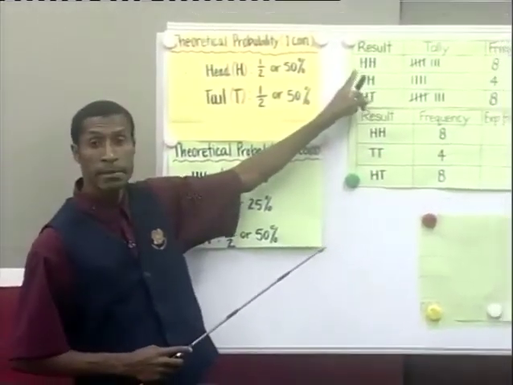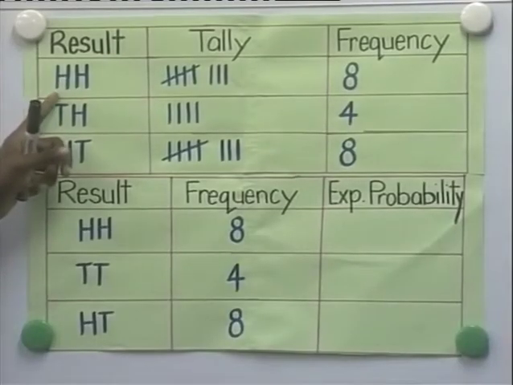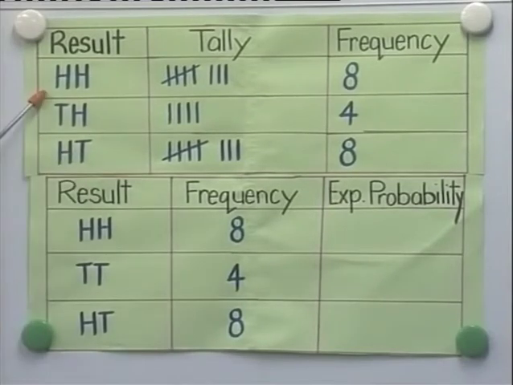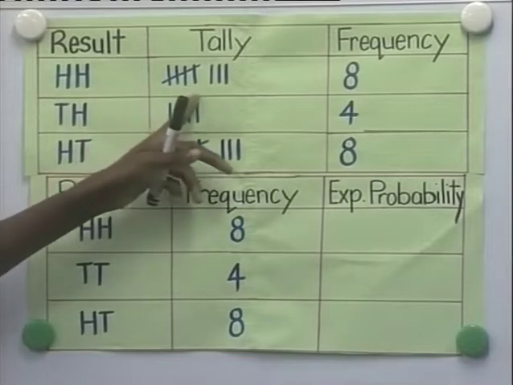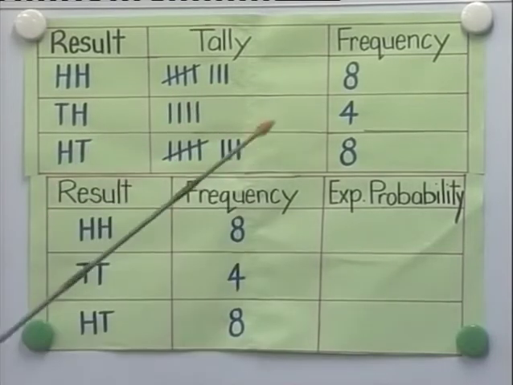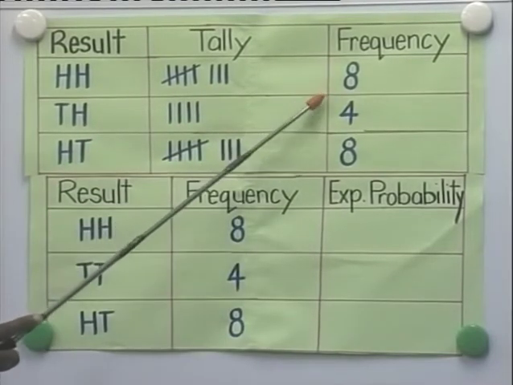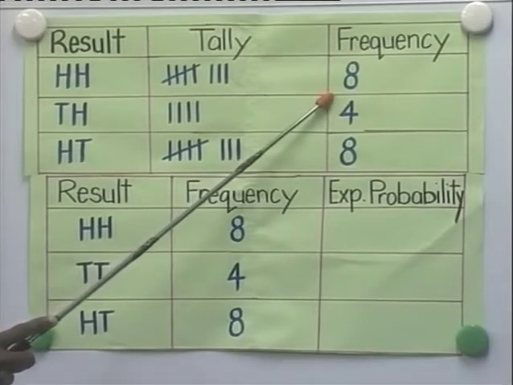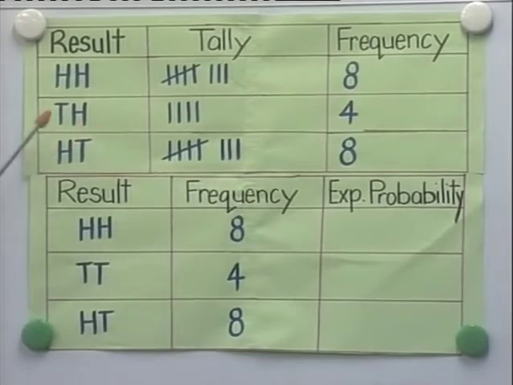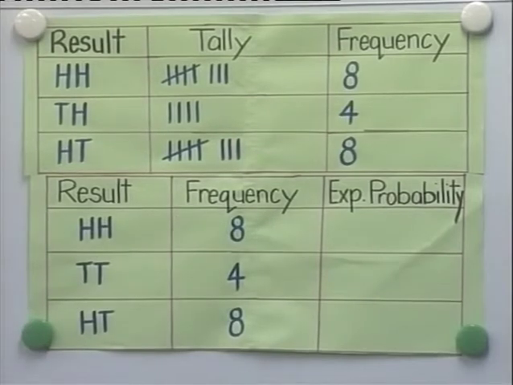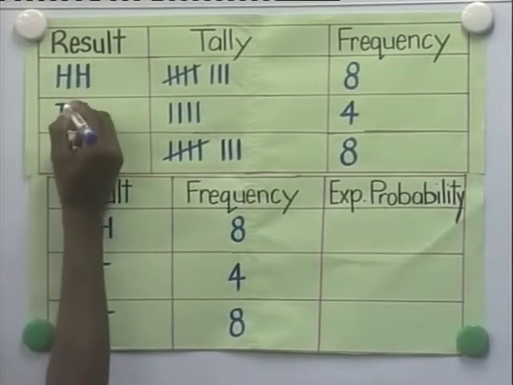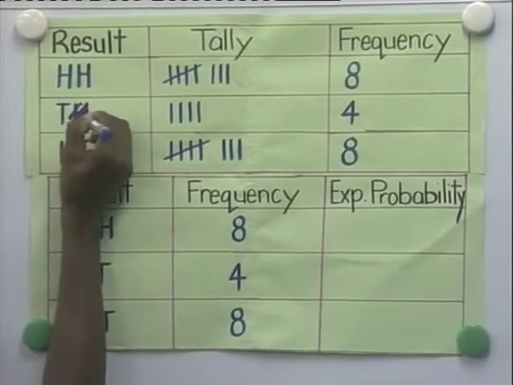So, in the tossing of coins for 20 times, we found out that for head-head, the frequency was 8. We recorded the result as 8 for head-head. And tail, it's supposed to be tail-tail, not head-head.